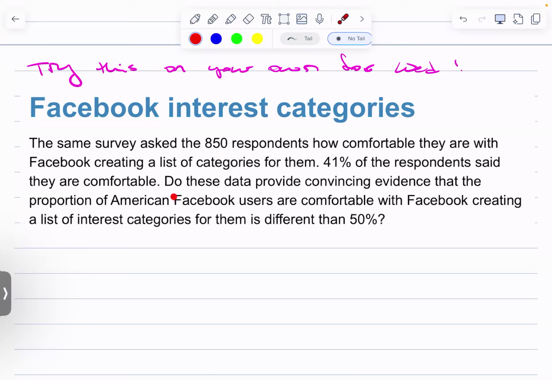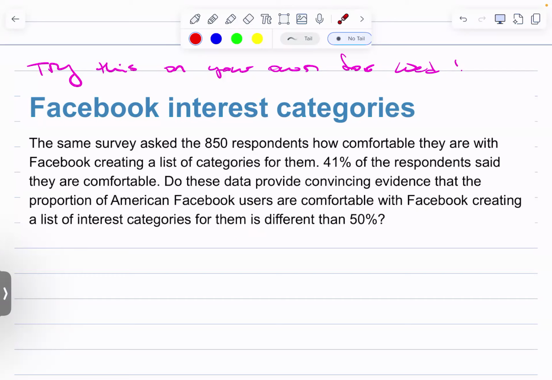Do these data provide convincing evidence that the proportion of American Facebook users who are comfortable with Facebook creating a list of interest categories for them is different than 50%?